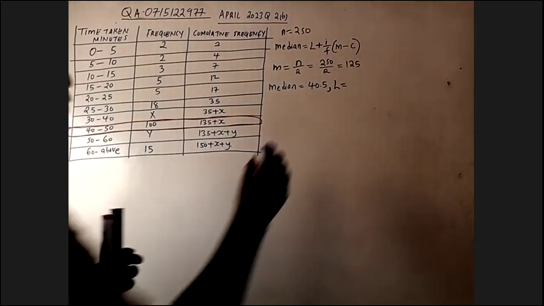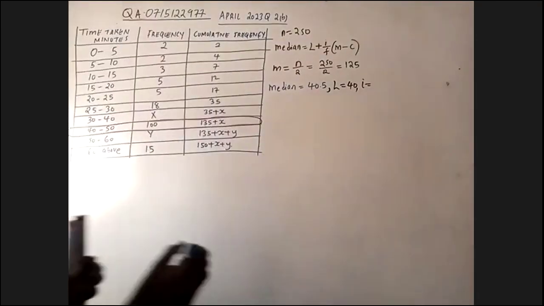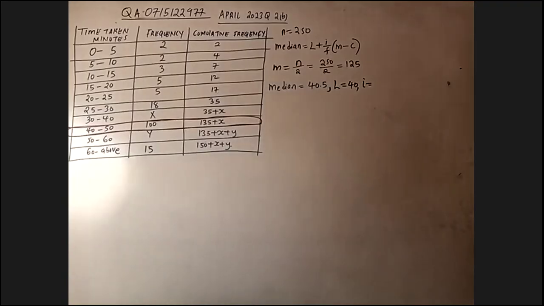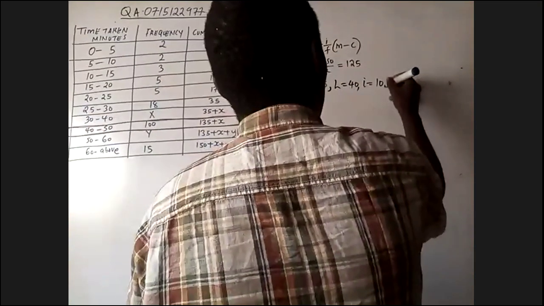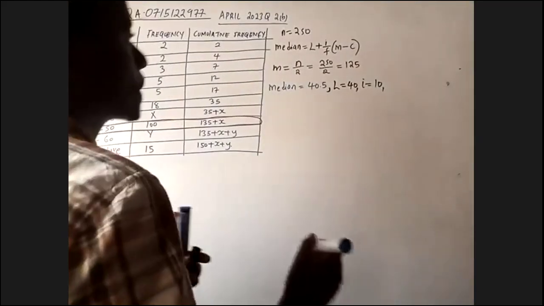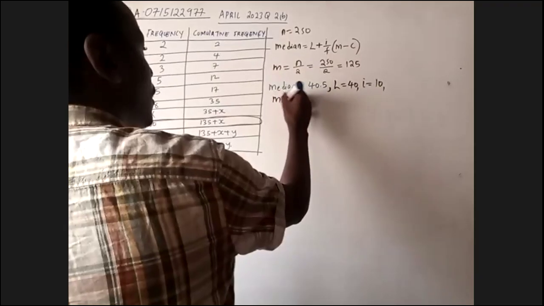What will be our L for that information? 40. I is 10, right? What else do we need? What is M?